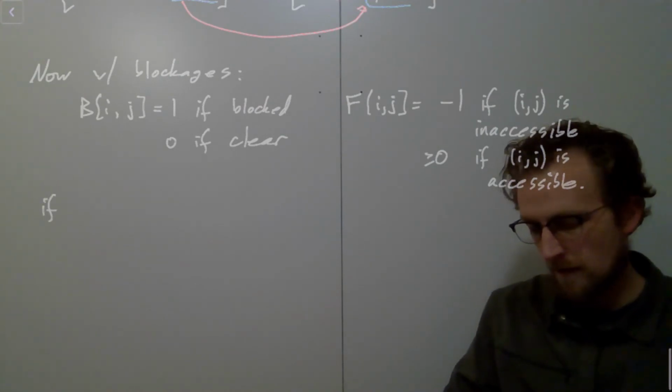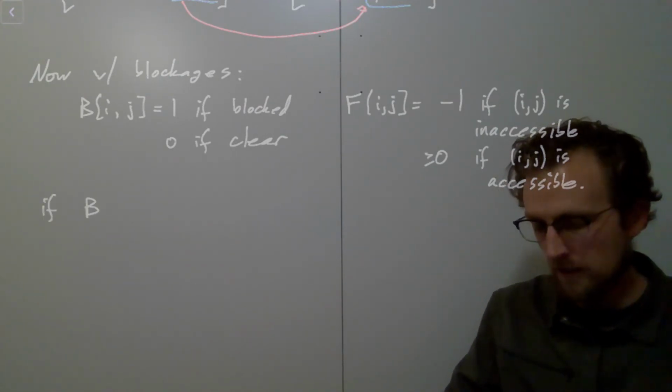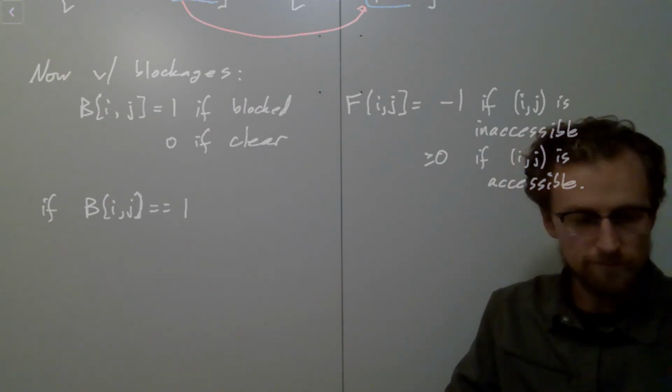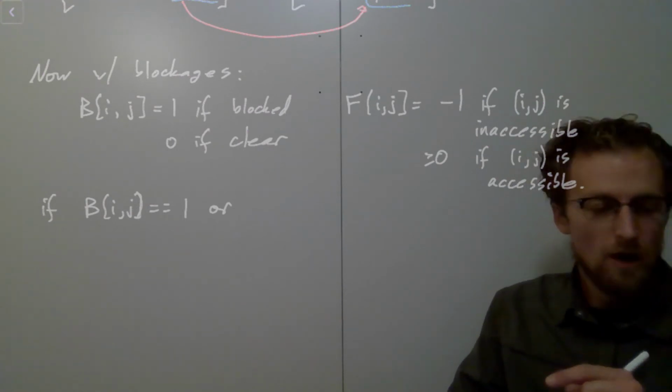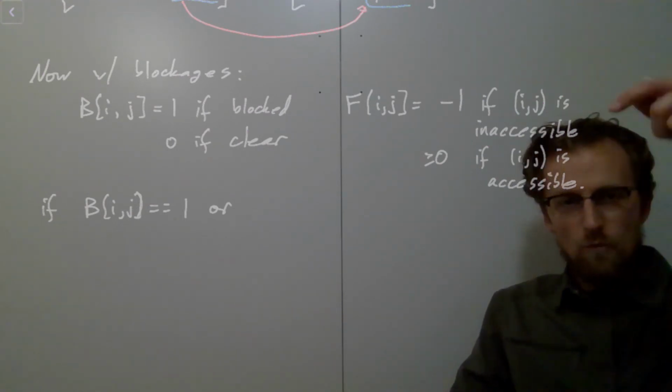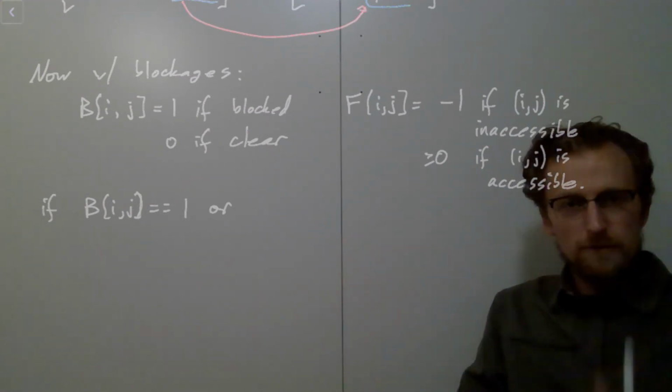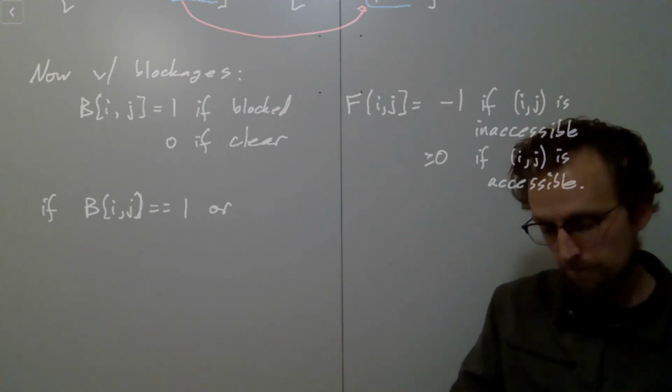So if there's a blockage in a cell, ij equals 1, or, right, so that cell could be blocked, or it could be that we're blocked from above and from the left, right? Those are the other ways.